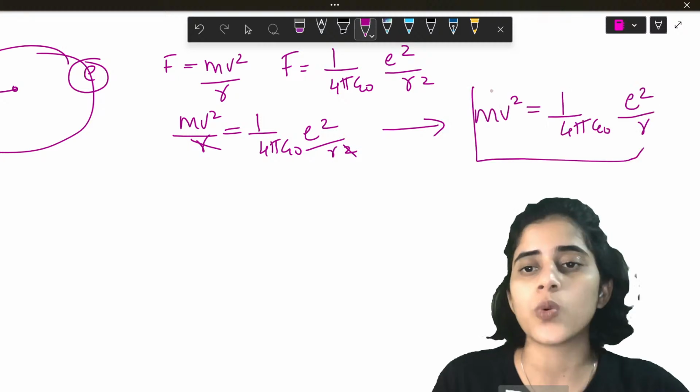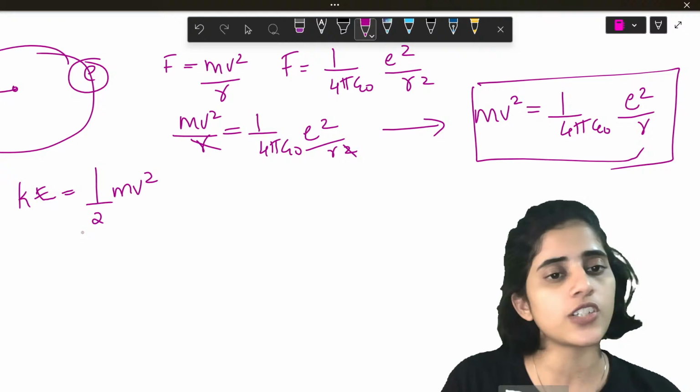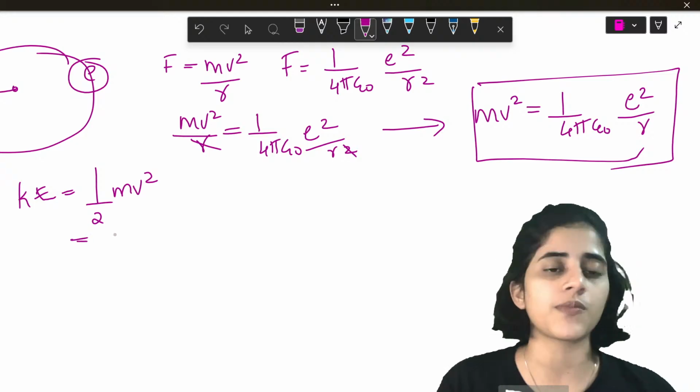This one is clear? Now what I will do? I will find out the energy. The first energy is kinetic energy. What is kinetic energy? Half mv square. I already have mv square. So kinetic energy is going to be half into mv square, which is 1 by 8 pi epsilon naught E square by r. That's all, no?